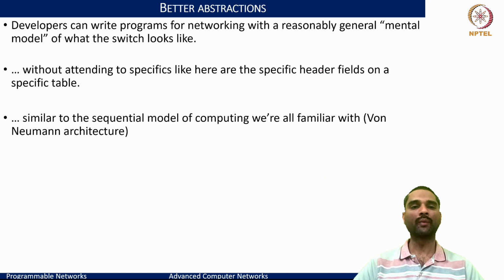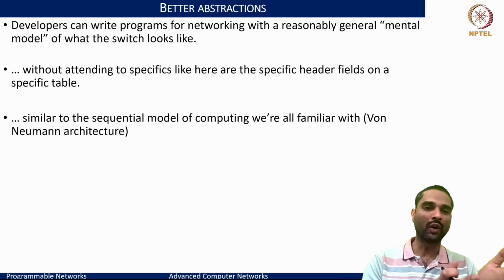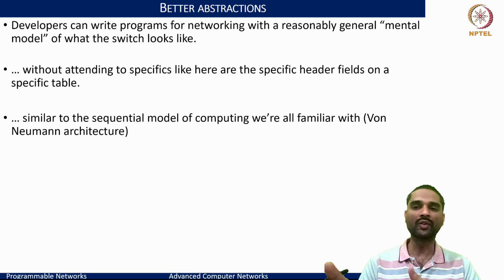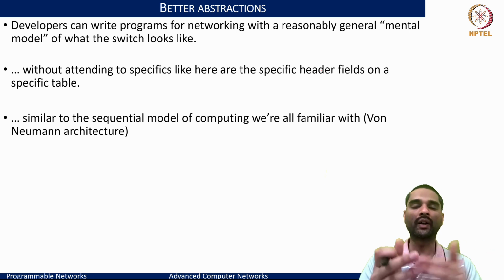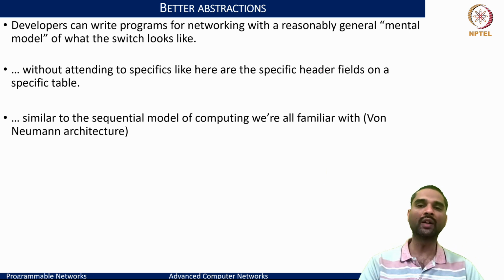And these better abstractions would then readily enable developers to write programs for networking. We can now reasonably think of how we write a program on general CPUs, and in the same way write what we want to do with each packet and express that in a programmatic fashion.